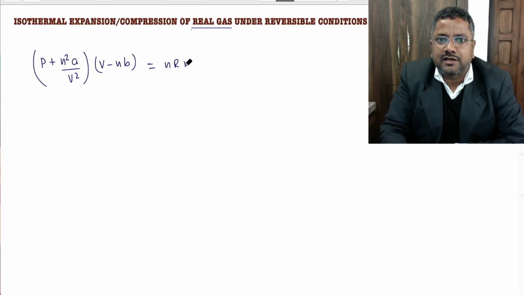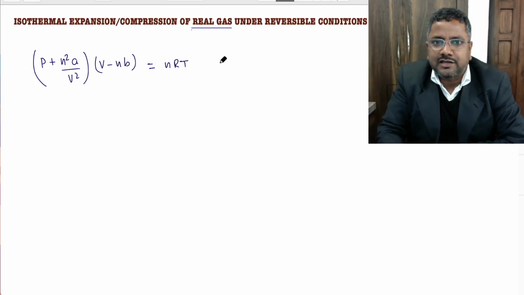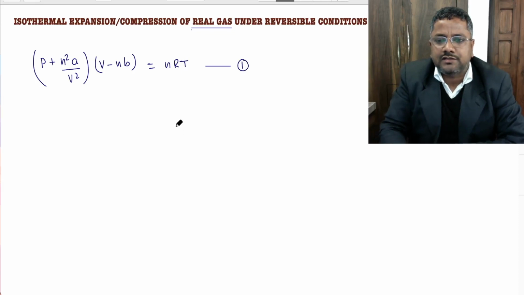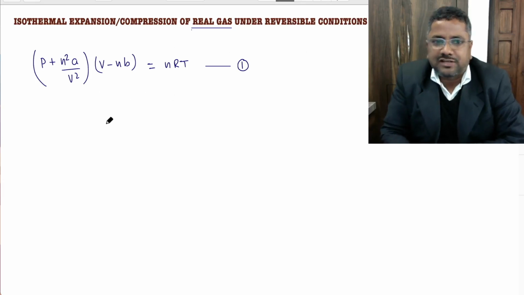Suppose that a gas obeys this equation of state, and your task is to calculate the work in the reversible process, expansion or compression work.